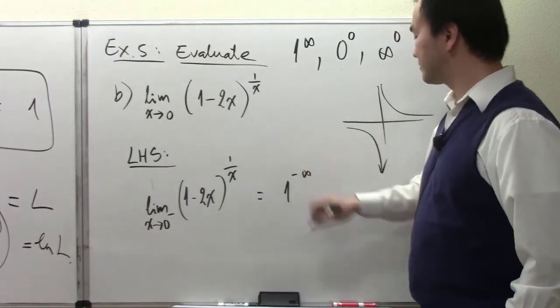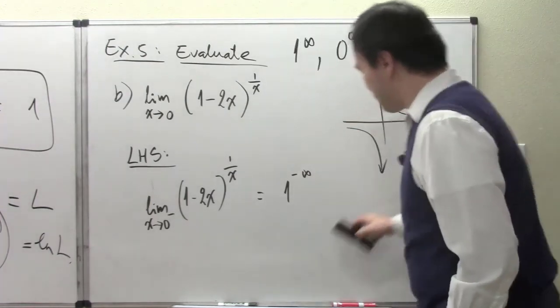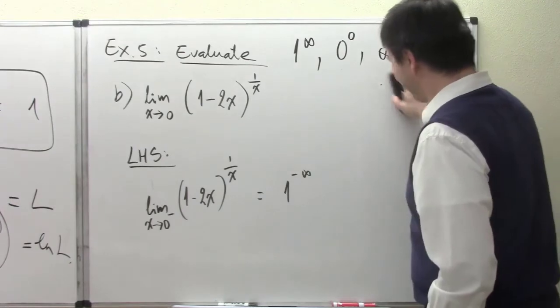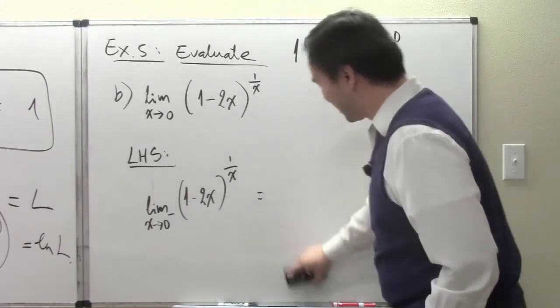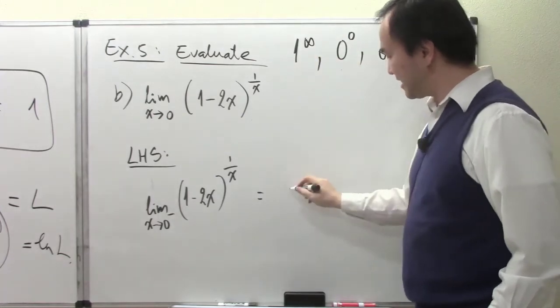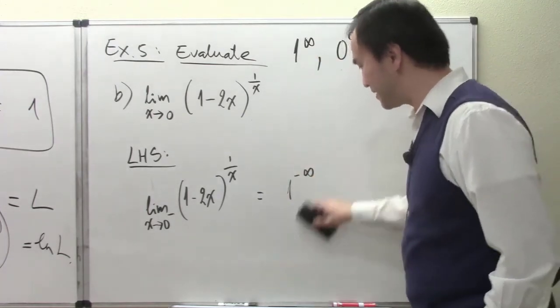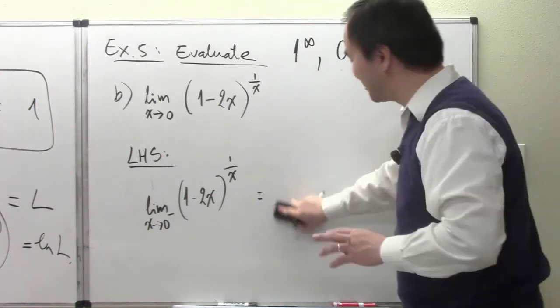So it's something like that. You see what I'm saying? That means it's now in one of our indeterminate forms. That is now where we can start applying the common trick that we have seen in the earlier problem.